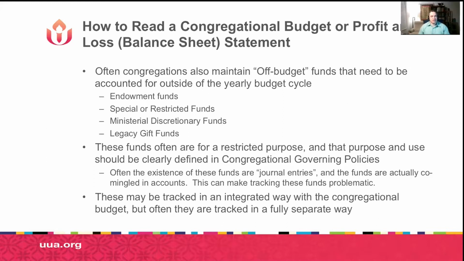And it is fairly accessible. It's not as accessible as, say, a checking account would be, but the monies remain fairly accessible to you. But point being is that the most times we've seen problematic pieces is when these restricted funds are commingled as journal entries with the same funds as the operating funds.